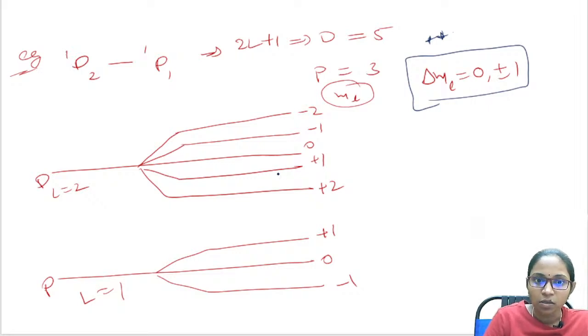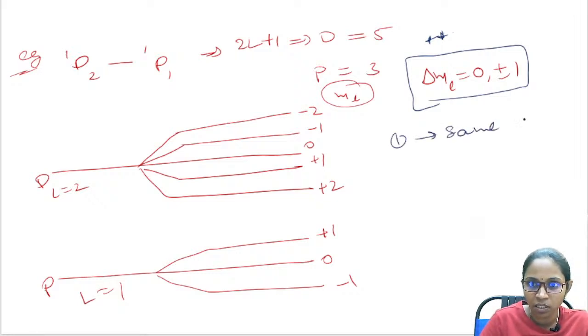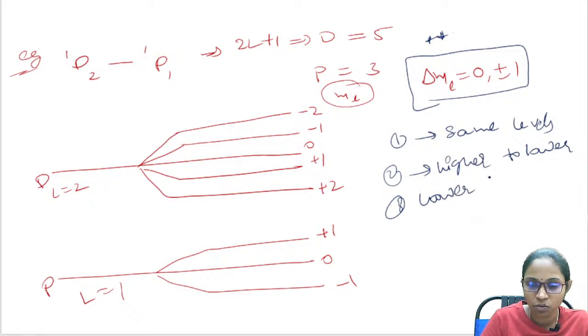So for easy purpose, I am giving you a hint here. You just draw initially the transitions for same level. First draw the transition between same energy levels, and then draw from higher to lower energy levels, and then draw lower to higher energy levels, okay.